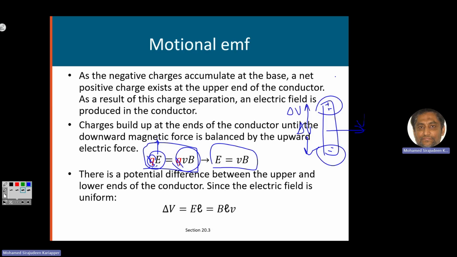Then the potential difference in terms of the electric field: the separation between the charges is L, the length of the rod. So the potential difference will be the electric field times the separation, length L. I can now substitute for E with vB, and we get this expression for the potential difference that is generated.